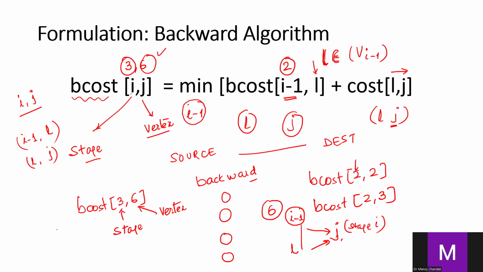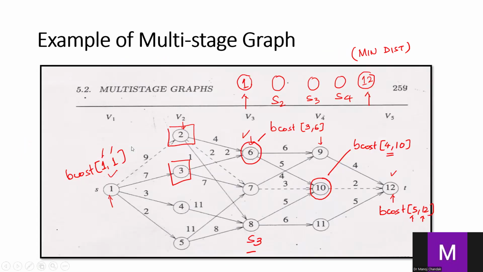So if stage I is, let's say, 4, and the vertex is 10, then if I go backward, 4, 10, 10 is reachable from 6, from 7, and from 8. So for reaching 10, which is present at stage 4, I can use the vertices of stage 3 as 6, 7, 8.